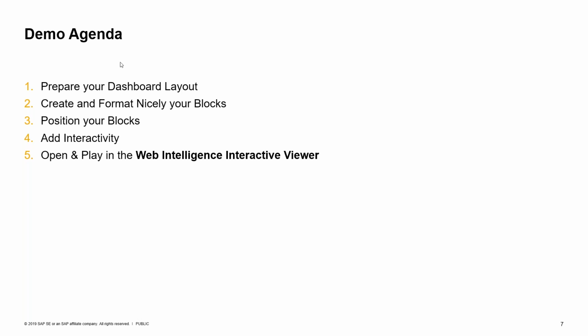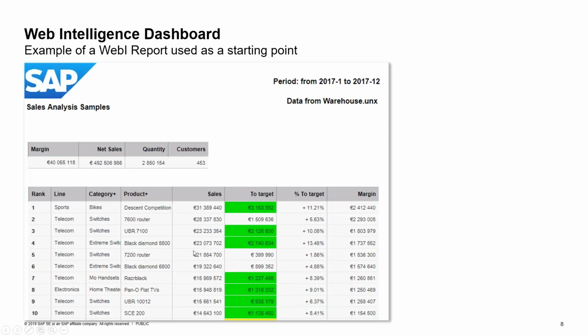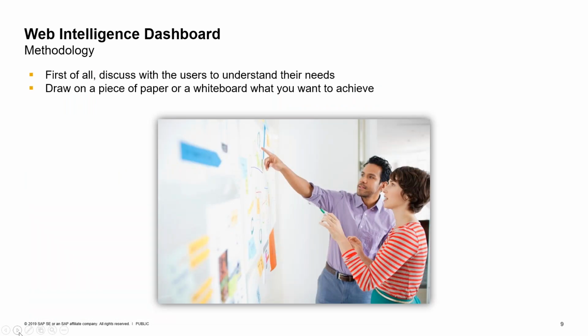So regarding the first step, this is the starting point that I'm going to show you: the starting WebI report I'm going to use to make it look like a dashboard. And the methodology is fairly simple.